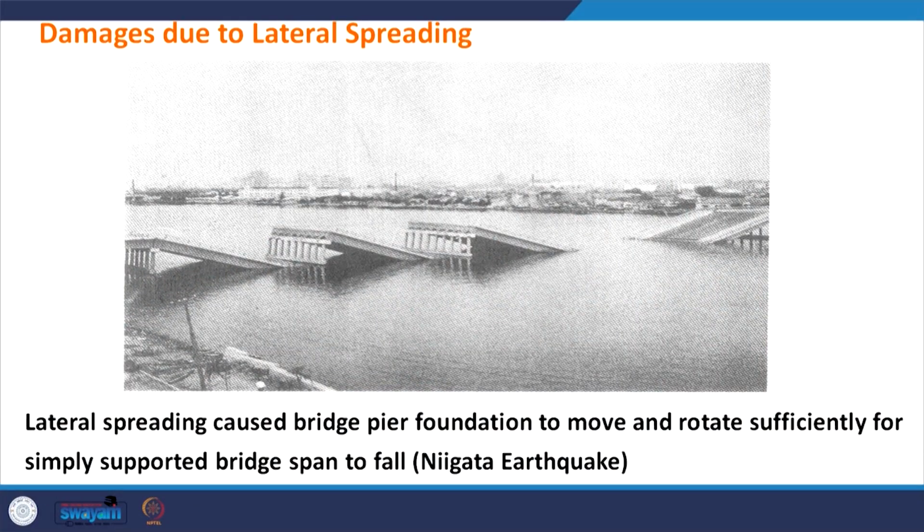Then let us see the example of the foundation of the bridges. This slide is also from the Niigata earthquake, and the bridge got damaged due to lateral spreading. Lateral spreading is a phenomenon which is related to liquefaction, and you may be aware that during liquefaction, due to shaking of earthquakes, there is an increase in pore water pressure.